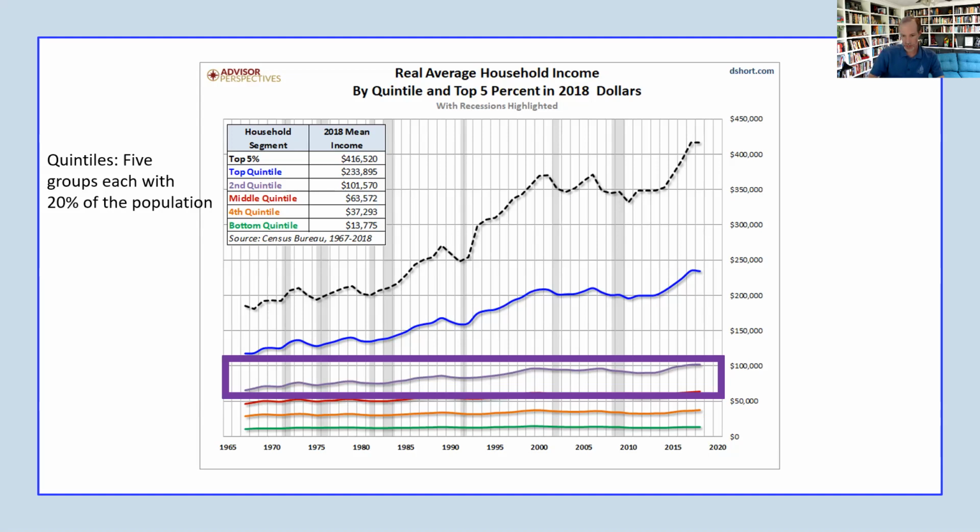So the green and the orange and the red are the bottom three 20% categories. And if you do it by 20% quintiles, there's an equal number of people in each of these quintiles, so each is 20% of the population. So as you get a little higher up the income quintiles here, the amount of money that people are making in these categories has increased.